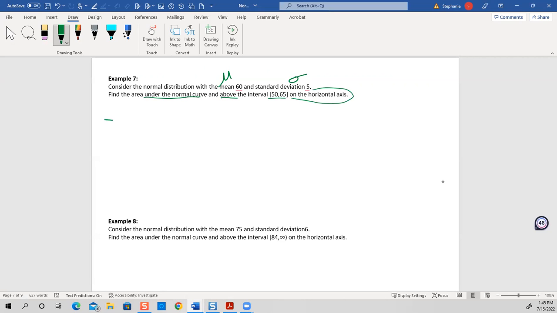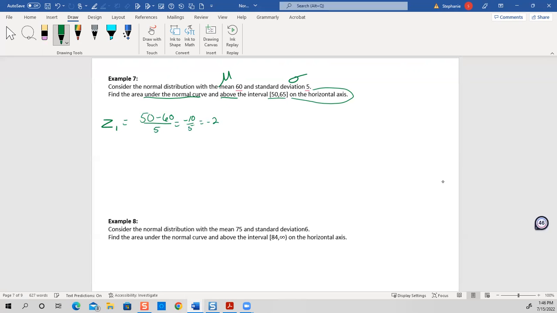All right, so what I need to do is find Z1. So I'm going to plug in what I know. My first x is going to be 50 minus that 60 divided by 5, which gives me negative 10 divided by 5, which is negative 2.